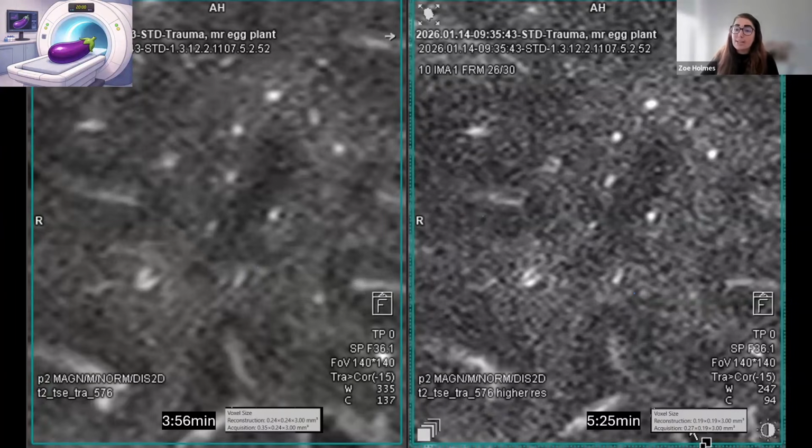So we have drastically increased our resolution on this one, and we've maintained our 3 millimeter slices, but we have paid the time tax here. We have gone from 4 minutes, we've added an extra minute and a half on. And then we've also introduced a little bit more noise into our image, unfortunately. So what this means is we have a large time penalty, a minute and a half, and we've lost about 30% of our signal.